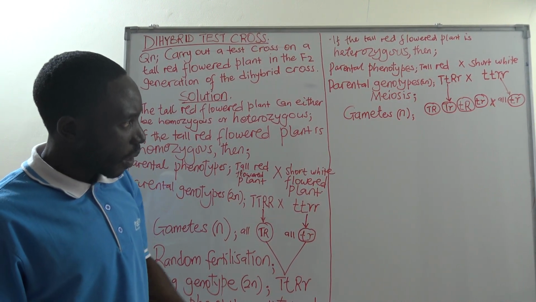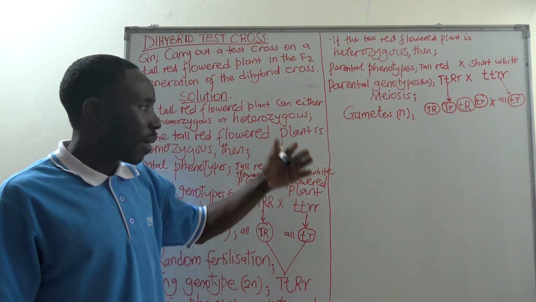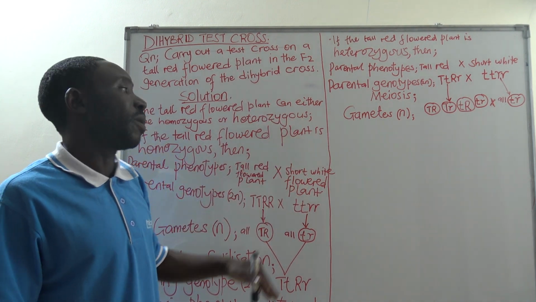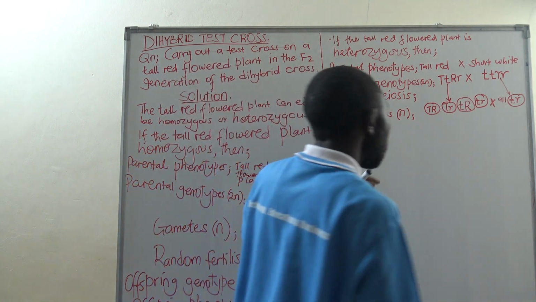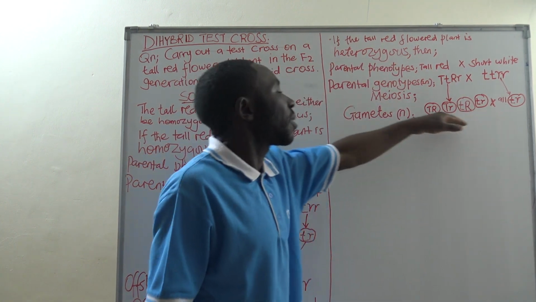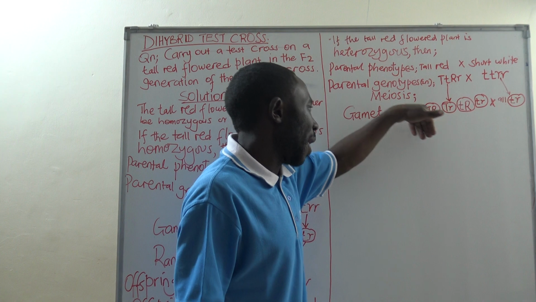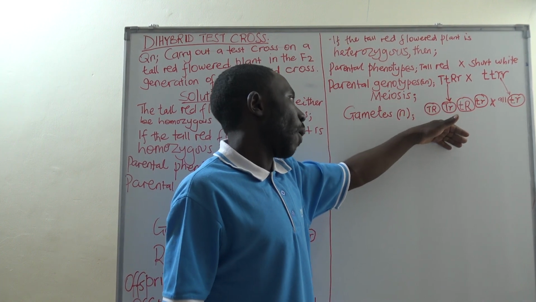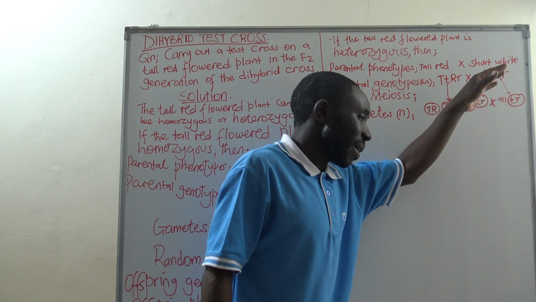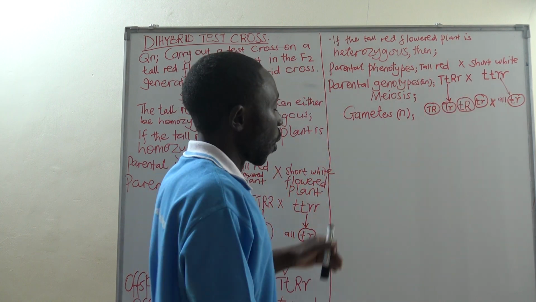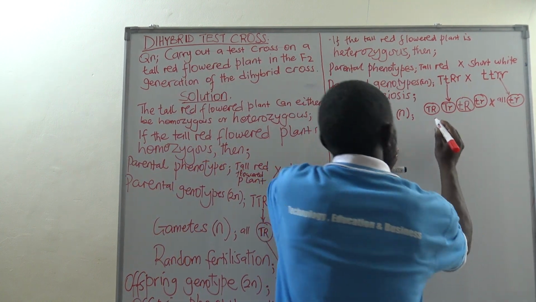Following that is fertilization, which is random fusion of gametes. Each gamete here can randomly combine with the other gamete. So this is what we shall have.